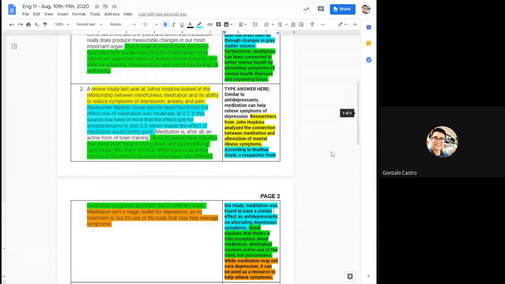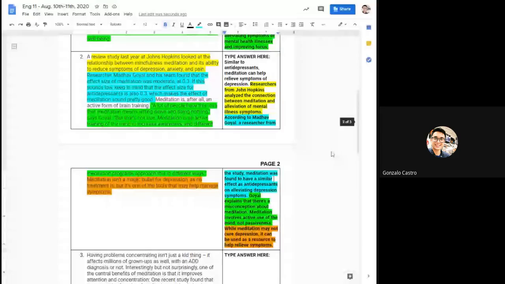Okay, so we followed the exact same steps that we followed for paragraph 1. We read the paragraph. We identified the main idea that became the first sentence of our paraphrasing. And then we highlighted all the key concepts. Lastly, we paraphrase each key concept on the right-hand side.